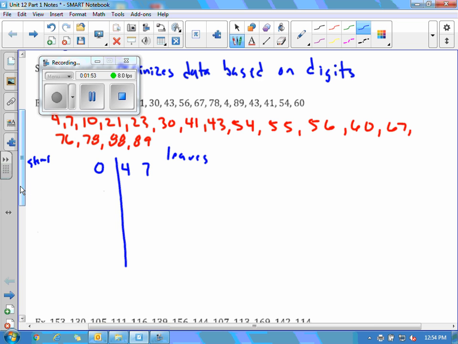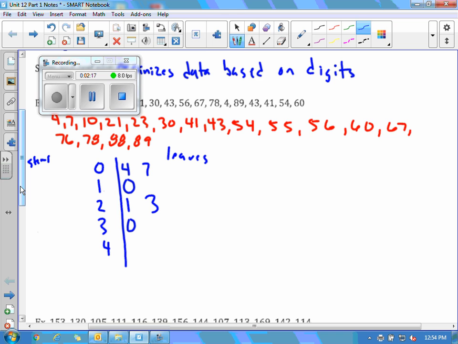Now, since everything else has 2 digits, I need to put a 0 over here on the left. So the next thing I would do is work down to my next stem. We only have 2 digits, so the stem is the number in the tens place. So I put a 1, and then for 10 I would put a 0. Then when I get to the 20s, I put a 2 on the left, and 1 and 3 on the right for 21 and 23. Then I have a 30, so I put a 3, and a 0 on the right.